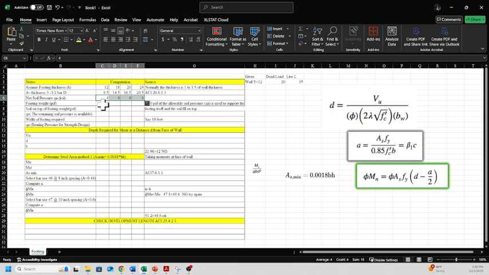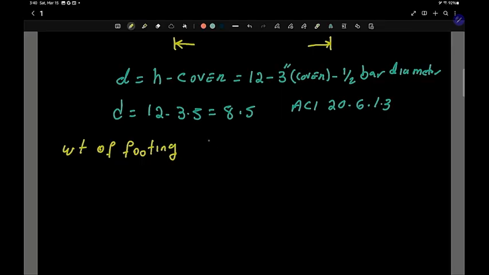And the footing weight, let's calculate that. The footing weight is going to be, we have 12 inches divided by 12 makes it a foot, times 150 pounds per cubic foot. So that would give us 150 pounds per square foot.